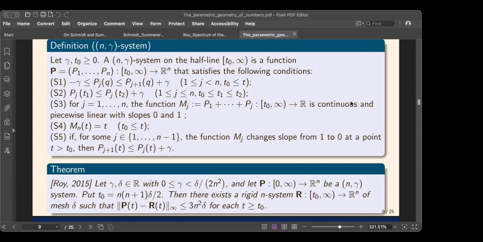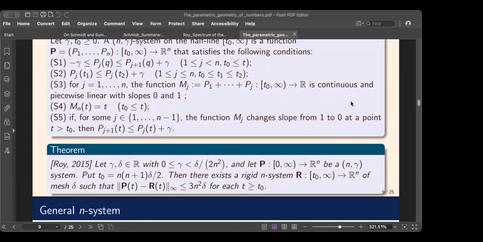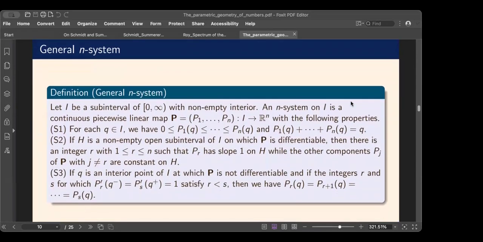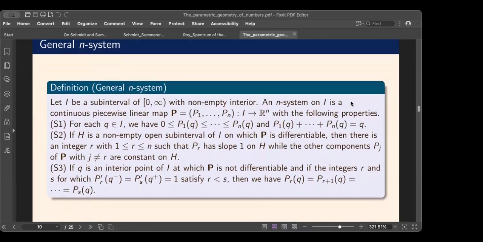So that was Roy's statement in his paper, and in another paper of Roy, he defined a general N system, and he also showed that for this general N system, he can construct a unique vector u such that L u minus P is a bounded difference.